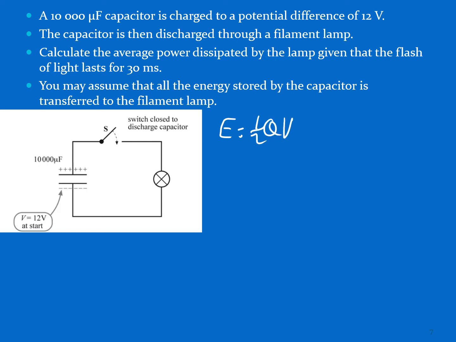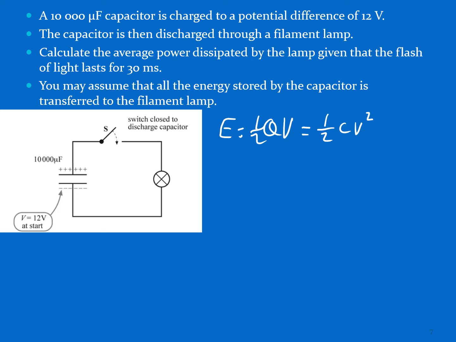But looking at what we have in the question, a more appropriate form, because we've got the value of the capacitance and the potential difference, would be to use half CV squared. Then we will find the energy, and we can find the power by dividing this energy by the time that the lamp flash lasts for.